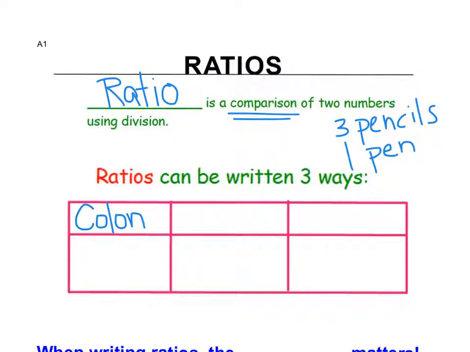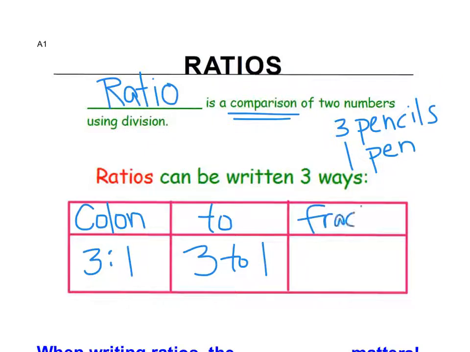The ratio of pencils to pens would be 3 to 1. We could also write that using the word "to." So it would just be 3 to 1. And a fraction. Ratios can be written as fractions, and it would look like this, 3/1.